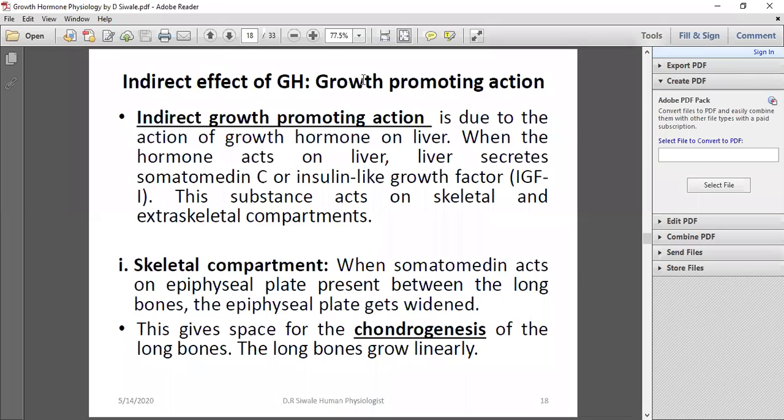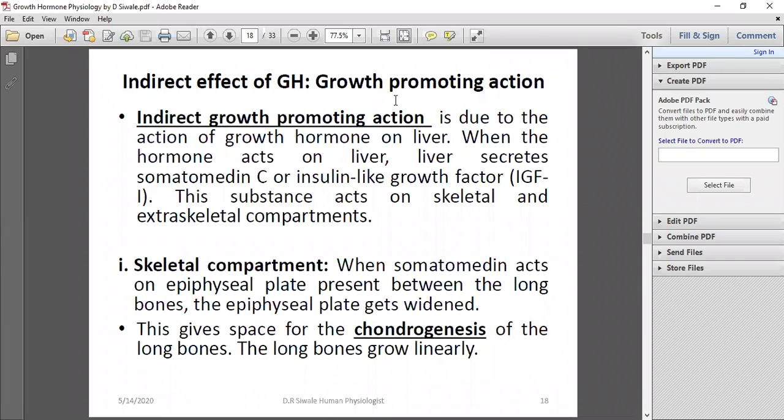And then the growth hormone will be converted to another chemical called somatomedins. That's why we are calling it indirect effect. So growth hormone binds to some liver cells, and then the liver cells will convert the growth hormone into somatomedins.